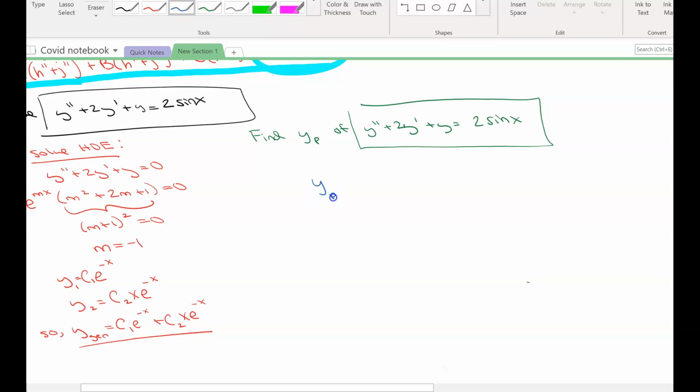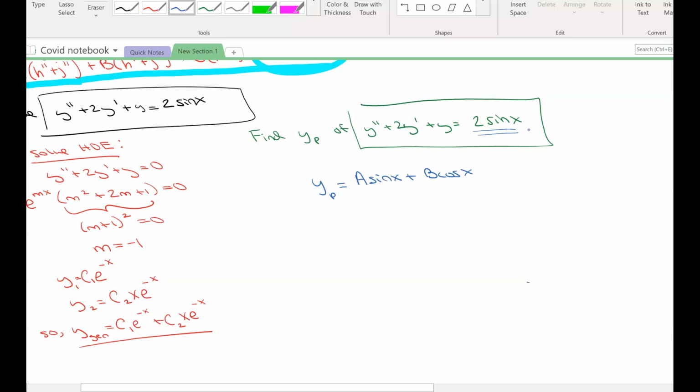So let me just write this down first so I'm not multitasking. Okay, so when we were talking out loud about this possibility, we were wondering, what is the most inclusive form that the y particular could take that would allow, now listen to the sentence, a linear combination of iterative derivatives to equal, at the end of the day, 2 sine x?